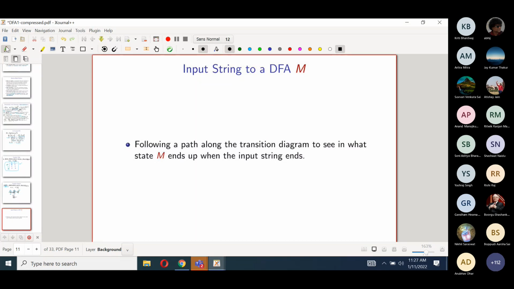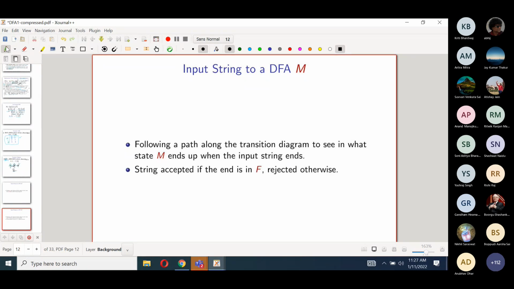So far what we have seen is that if you give me an input string, which means a sequence of symbols from sigma, then in the transition diagram we are following a path to see in what state this machine ends up when the input string is completely read.